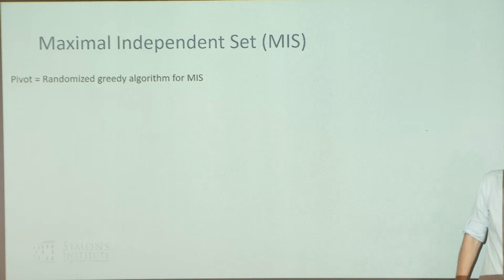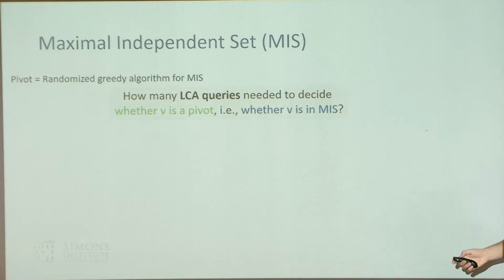People have studied, quite extensively, at least in the sublinear algorithms community, how many local computation algorithm queries you need to the graph to learn whether a vertex is in MIS or not.